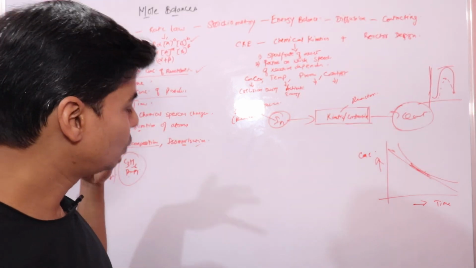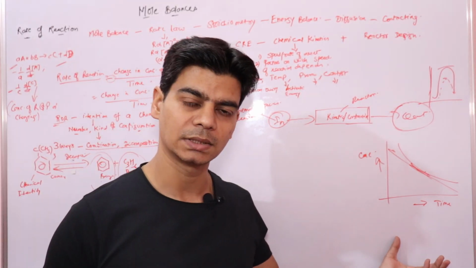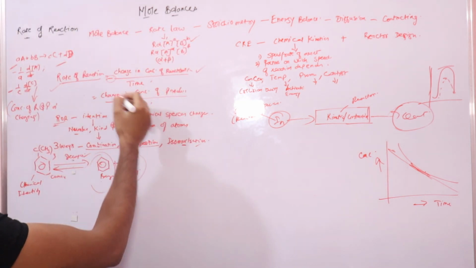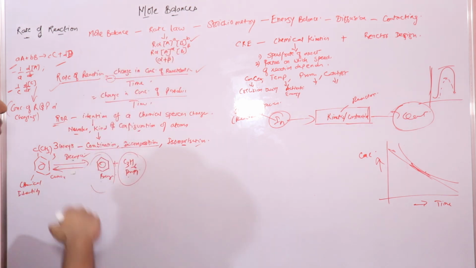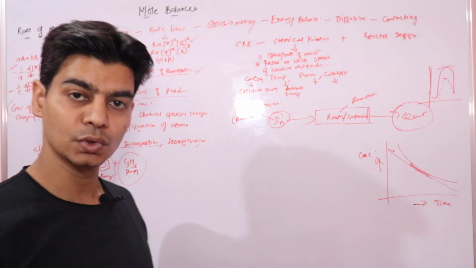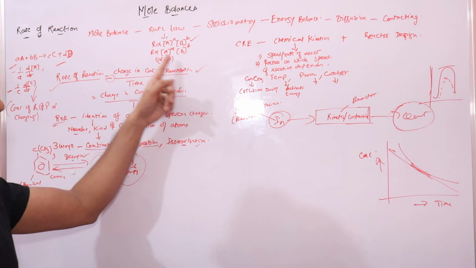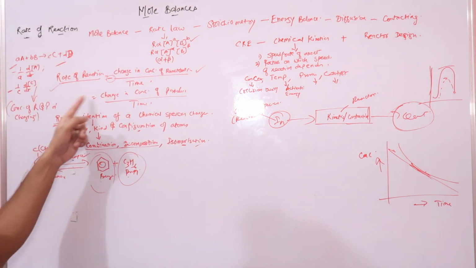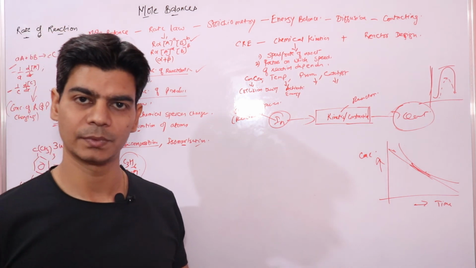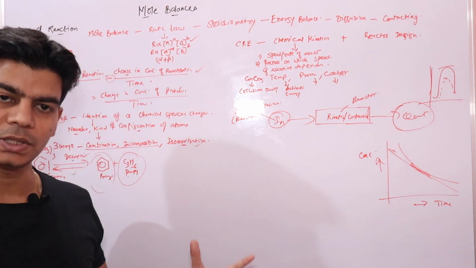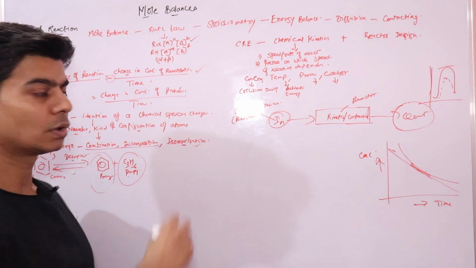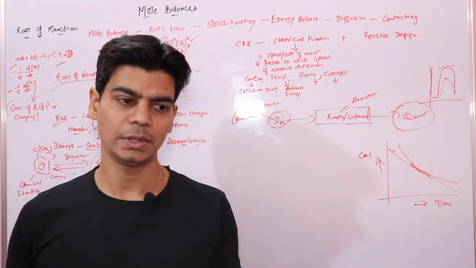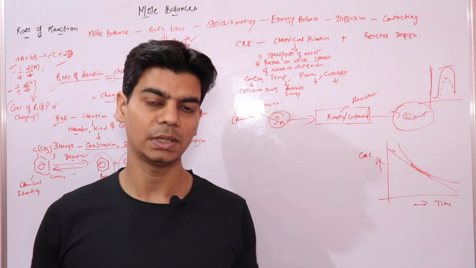Because the concentration of reactant is continuously changing, your rate of reaction will also change. So the rate of reaction that I calculate based on this would be the average rate of reaction. I cannot calculate it at one instant.